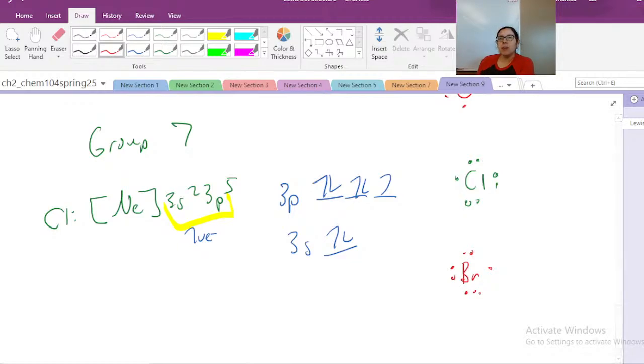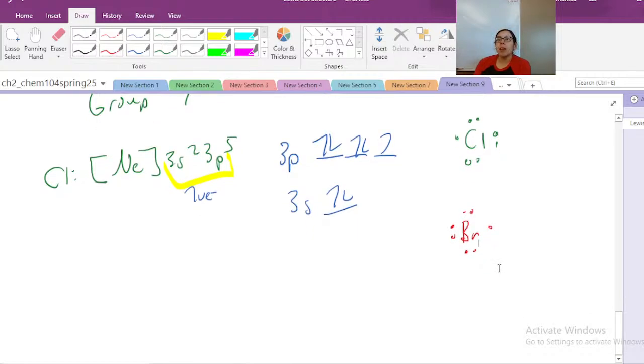And so then let's finish off this row, and things will get a little weird after that. Like I said, we'll probably continue this next week, because we're building upon the two chapters together. Now we're finally at argon, the noble gas of our third row. So 3s2, 3p6.